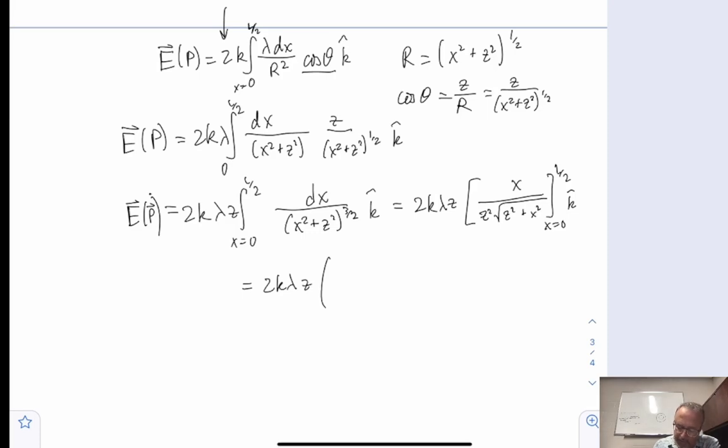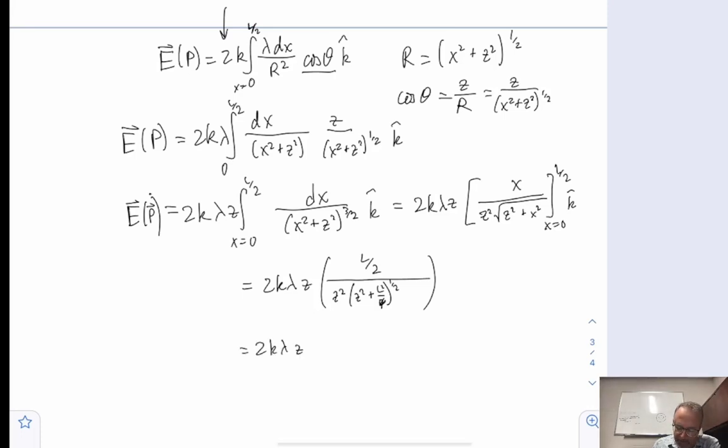Putting in L over 2 for x, z squared plus L squared over 4 to the 1/2, and then minus 0, oh, this is going to be 0, isn't it? So just like that, minus 0 over stuff. Yeah, so keep going.